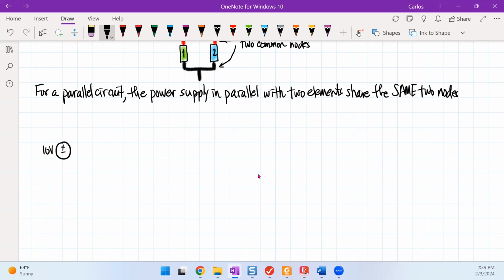Now, if I come up here, I could imagine that I have a common node. So here's my node, elements 1 and 2. And as before, we identified this as the ground.